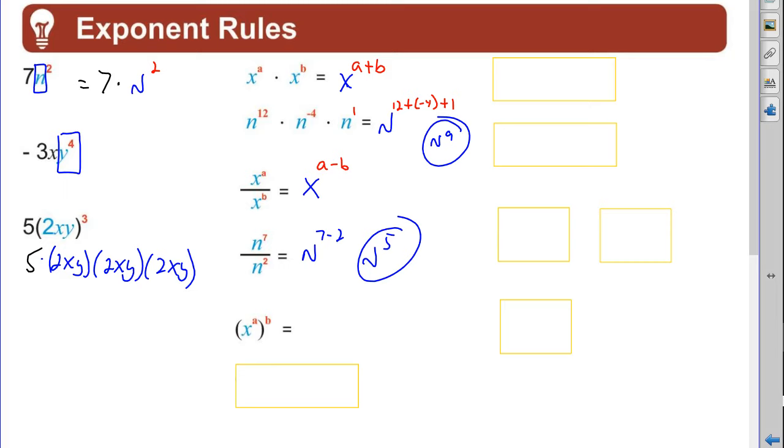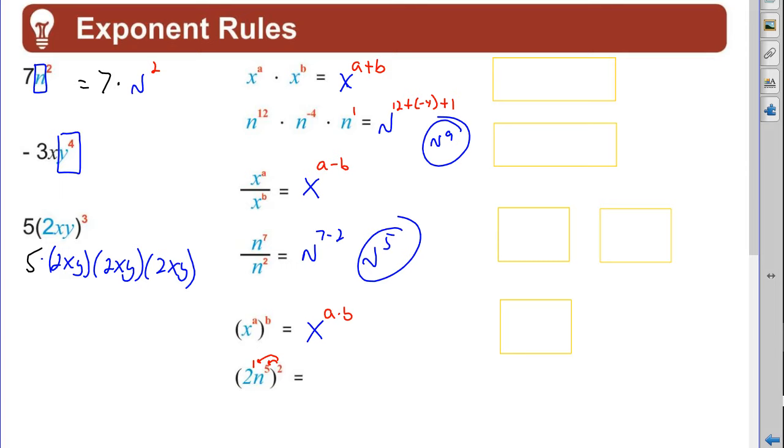Let's get to the next rule. All right, that's x to the a times b. You multiply the exponents. You multiply the exponents. All right, so when you have something like this, you've got to be careful now. I chose a little bit tougher one because there's more than a single base in there. So be careful. The 2 has an exponent of 1. And not only do I multiply this 1 times the 5, I've got to multiply it times this 1.